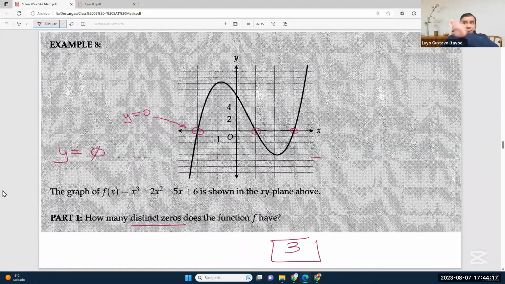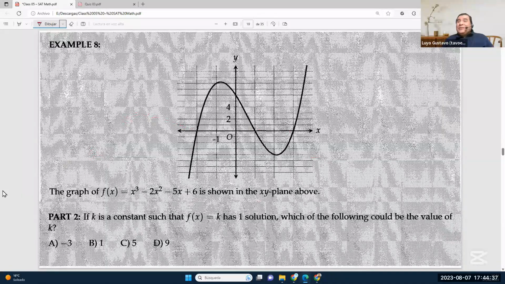The same graph, the question says, if k is a constant such as f of x equals k has one solution, which of the following could be the value of k? How do we interpret this question? Remember what I told you?